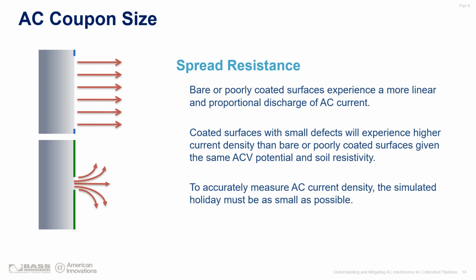The analogy that I always like to give about this when thinking about how the AC current density works is, imagine you're trying to burn a hole through a piece of paper using a magnifying glass, and you're out in the hot sun and you have your magnifying glass 4 or 5 feet away from the paper. Well, all of that light is just going to dissipate over a very, very large surface area, and there's not going to be a lot of heat at any given point.